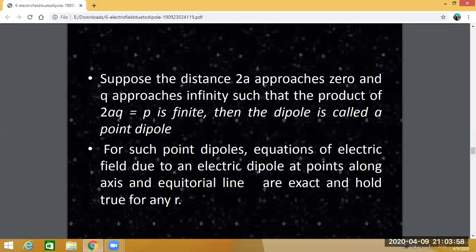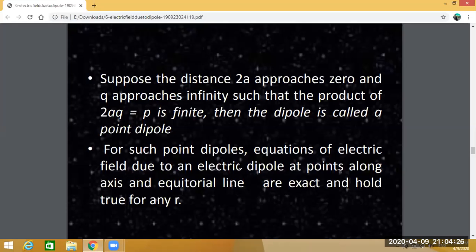In this case, where dipole moment is 0, the electric field at axial line and at equatorial line will be the same, no matter whether R is finite or infinite, whether R is much greater than A or not.